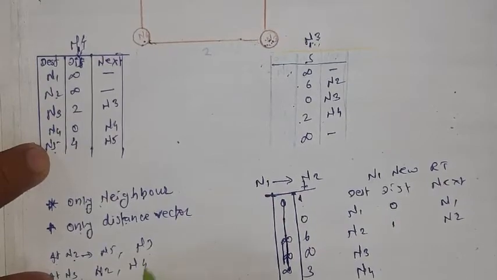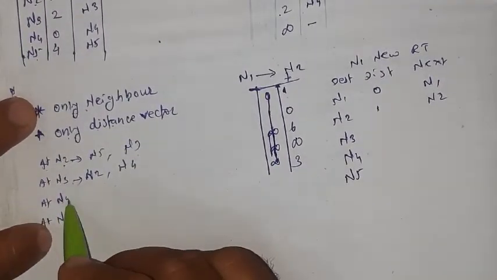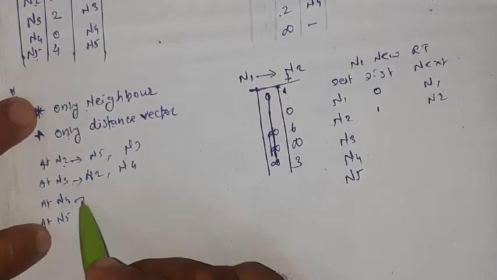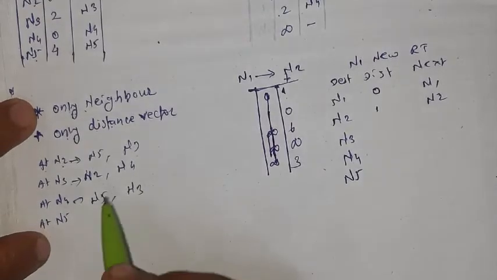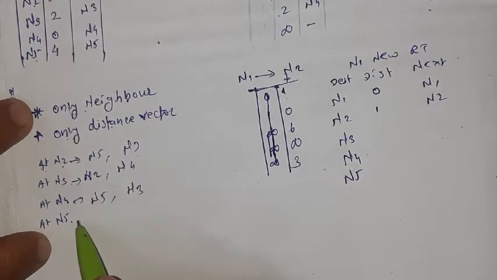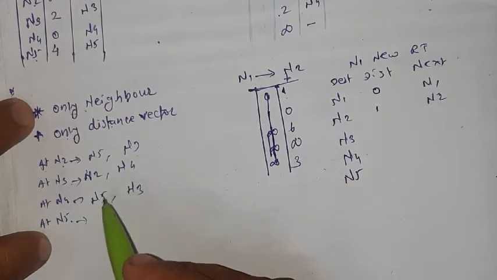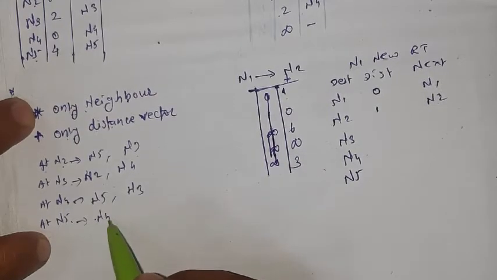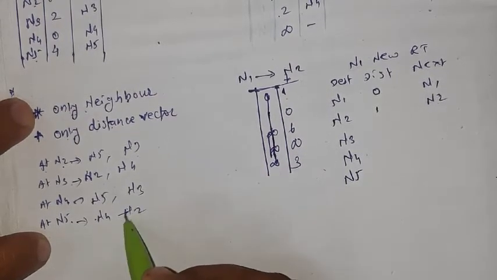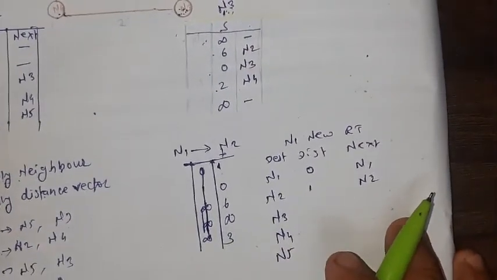And at n4 there is just n5 and n3. The next, n5, at n5 we have the distance vector, or we get the information of neighboring nodes, that is n4 and n2.